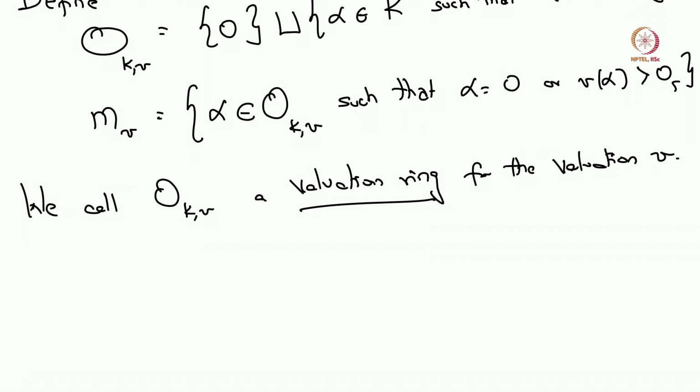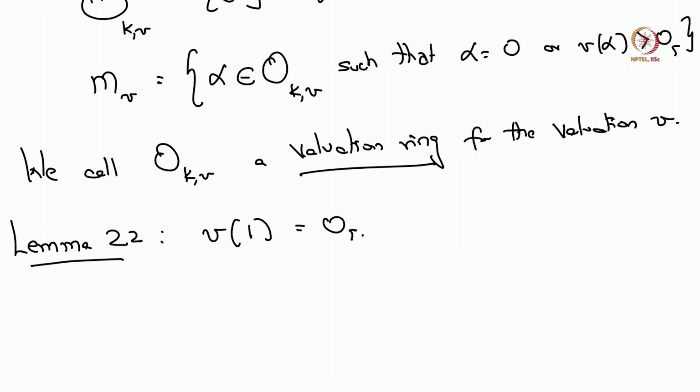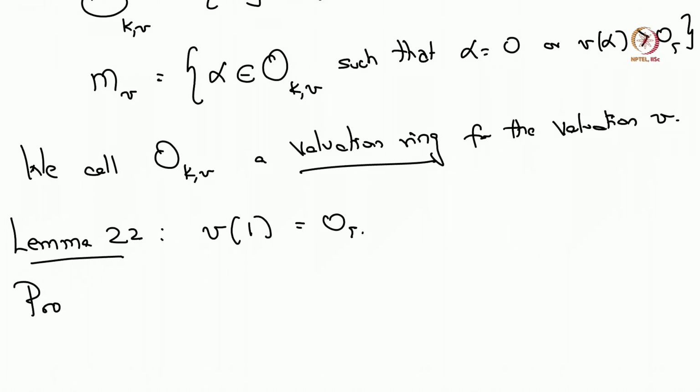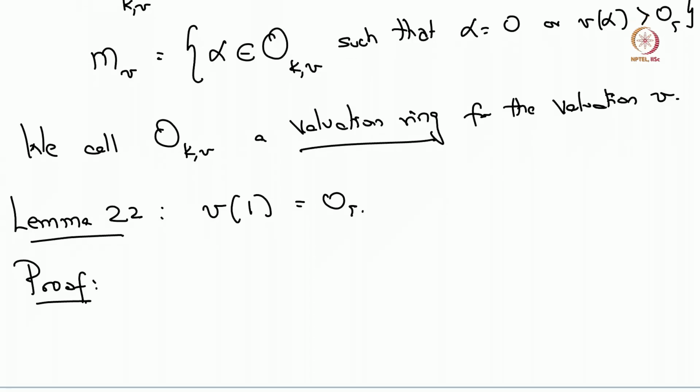So some lemmas. The valuation of 1, which is in K, is in fact the 0 element of gamma. And so a quick proof. Well, what's the valuation of 1? Well, 1 equals 1 times 1, and the property of valuation is that when you multiply two elements and take the valuation, it's the sum of the valuations.